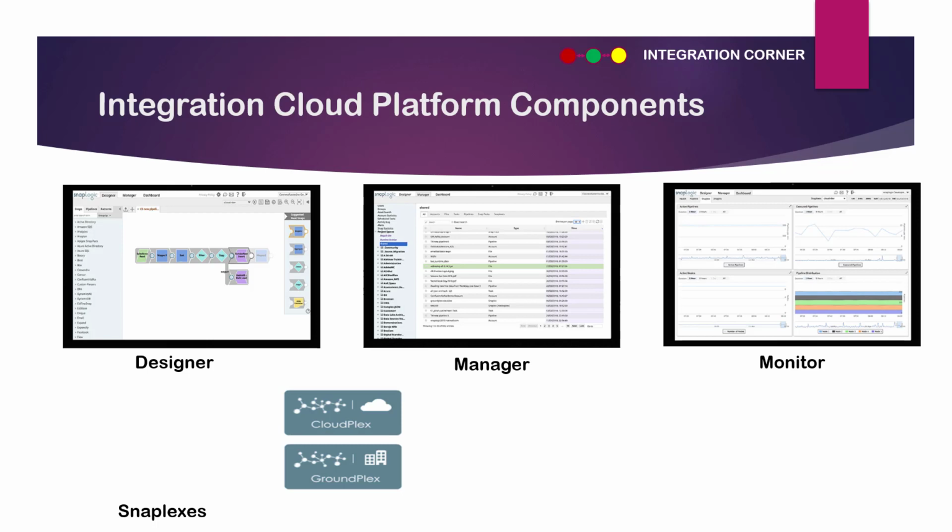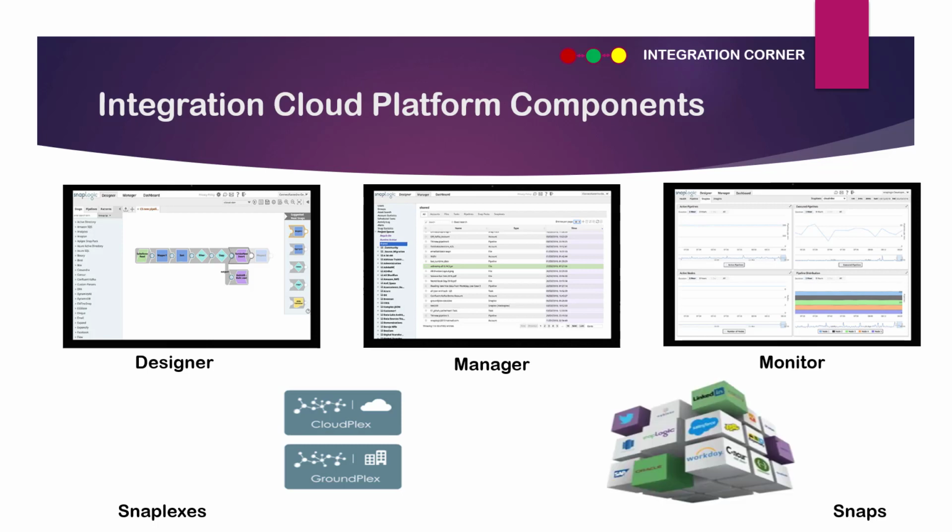So there are 2 types of Snaplexes, a Cloudplex and Groundplex. I'll explain the details of these 2 types of Snaplexes in the coming slides. So in short, these are the runtimes where your pipelines will run. And the last one is snaps, one of the most important ones. These are the building blocks. These are units that perform a particular functionality, and then a developer will combine snaps together to form a pipeline.